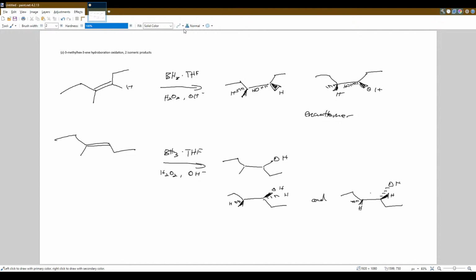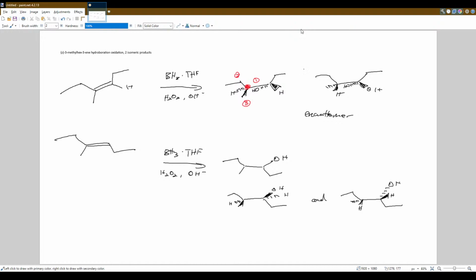Oh, I forgot to do the stereochemistry. So this carbon, we have a hydrogen right here. It's going to be 1 that direction, 2 this direction, 3 this direction.